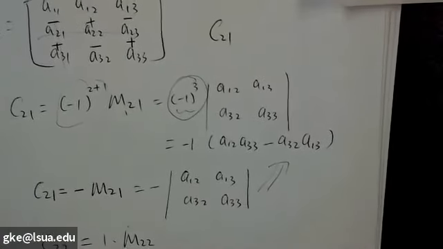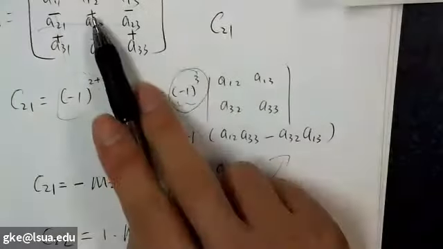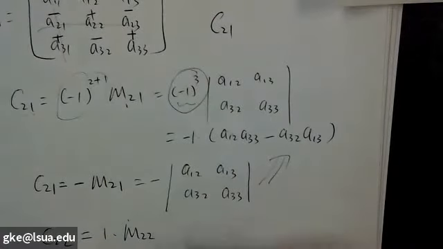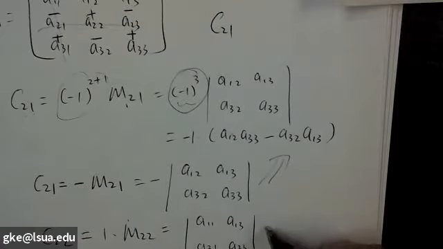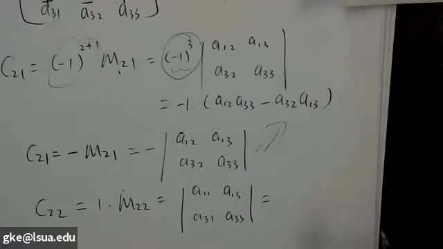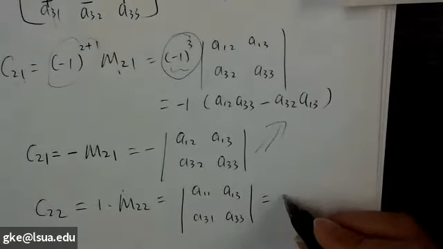It's positive, so we just multiply by M22. M22, we just get it. That is 1, 1. And then you can calculate this one.